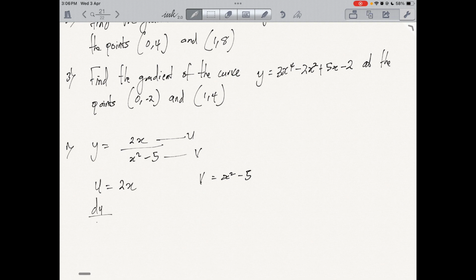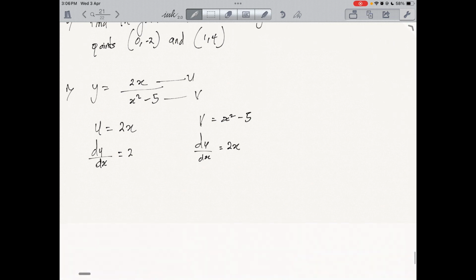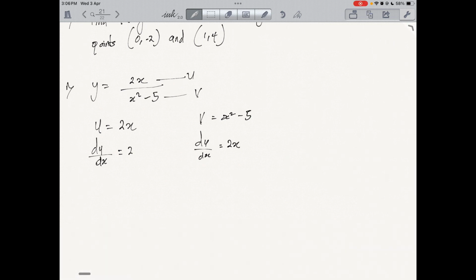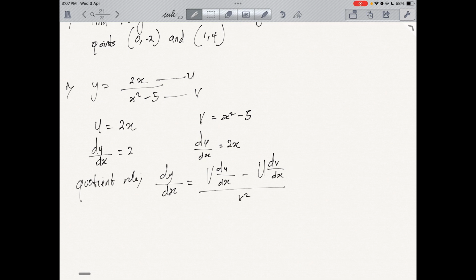Then du/dx of 2x is 2 and dv/dx of x squared is 2x. So applying our quotient rule, we have that dy/dx is equal to v du/dx minus u dv/dx divided by v squared.